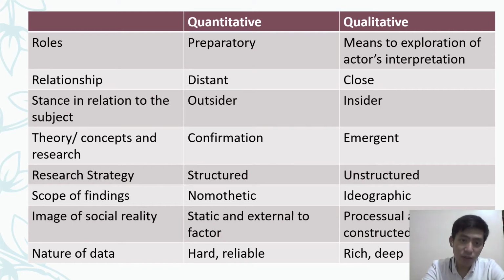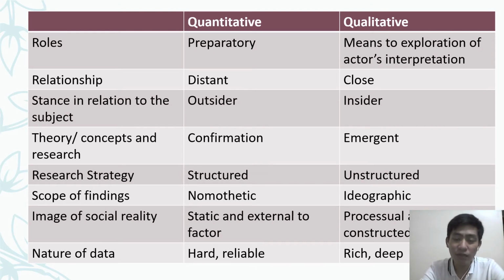Scope of findings is nomothetic and idiographic. Nomothetic means it can be generalized to all. However, idiographic is more secluded to specific groups, such as cancer patients, pediatric cancers. Image of social reality is static and external factors in quantitative, because the findings will be hard truths and data based on statistical treatments or analysis.